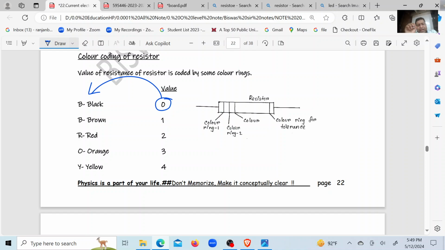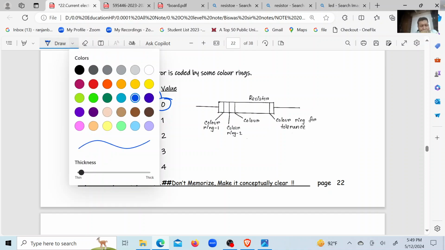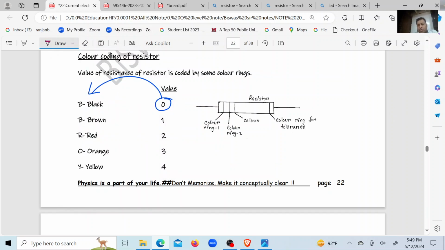When you want to write 2, just give a red ring around the resistor. It's a ring actually around the resistor, right? If you want to write 4, give an orange ring. Okay, but look, we express values with the help of 3 rings only.